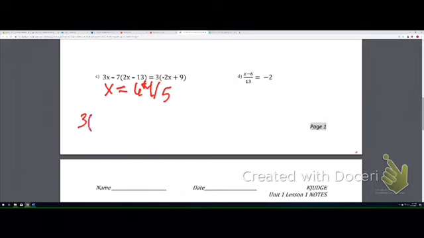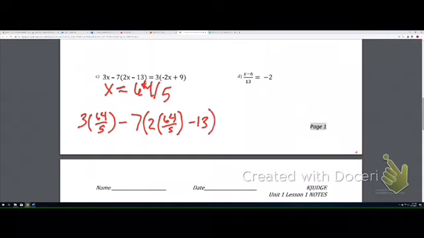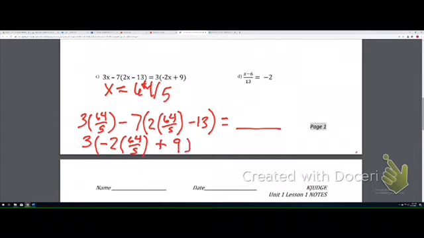So you'll have 3 open parentheses 64 over 5 minus 7 parentheses 2 parentheses 64 over 5 close parentheses minus 13 close parentheses, equals, and you'll find the answer. Then you'll do 3 open parentheses minus 2 open parentheses 64 minus 5 divided by 5 close parentheses plus 9 close parentheses, equals, and your 2 should come out. That's how you're going to check it on the calculator.